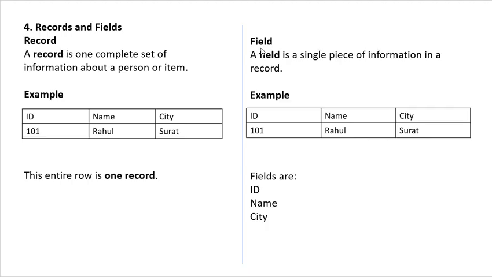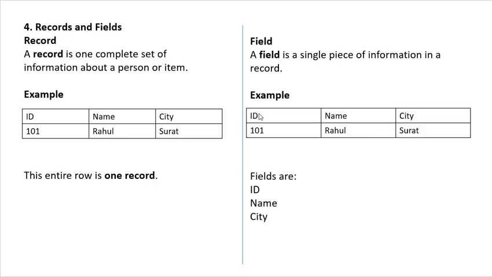A field means a column, and a field is a single piece of information in a record. For example, ID, name and city are the field names in this table.